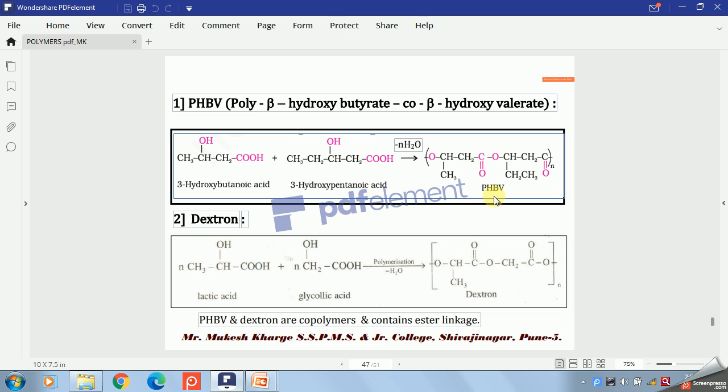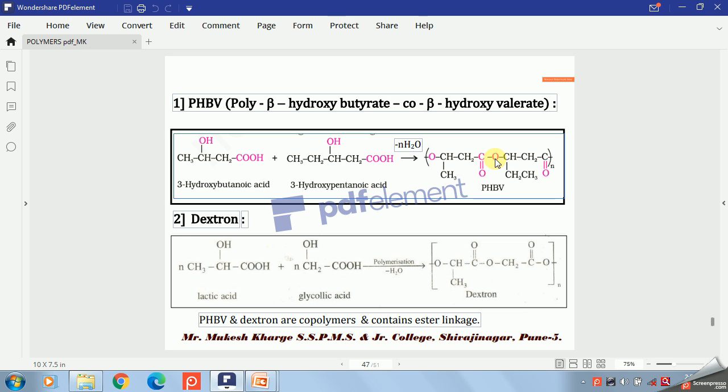That compound is called PHBV. You can easily understand this type of formation. And if you observe here, the dash C double bond O dash O means ester linkage is present. So it is an ester linkage copolymer.